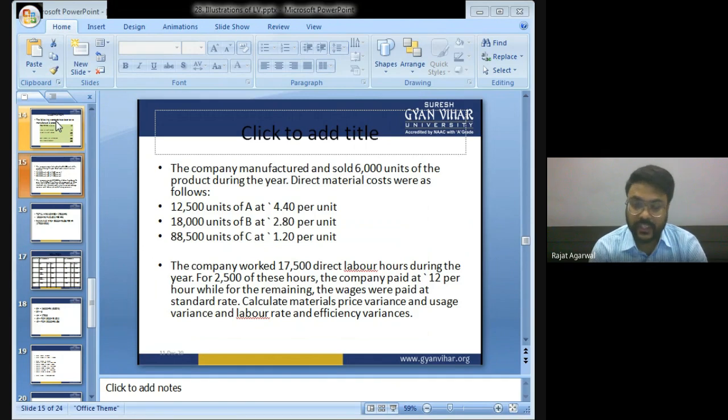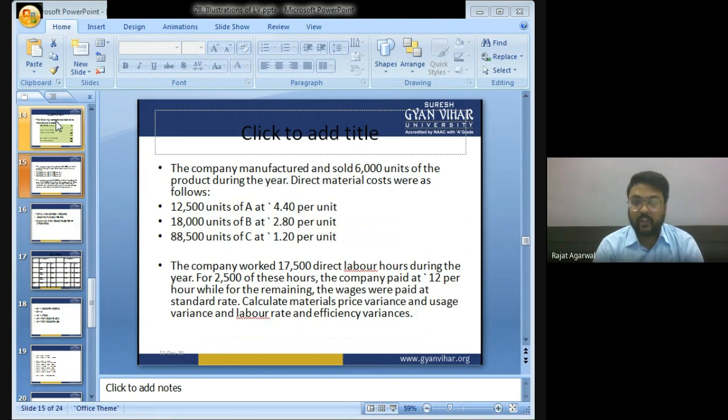Now, children, it is saying the company worked for 17,500 direct labor hours during the year. It means to manufacture 6,000 units, the company worked for 17,500 direct labor hours.